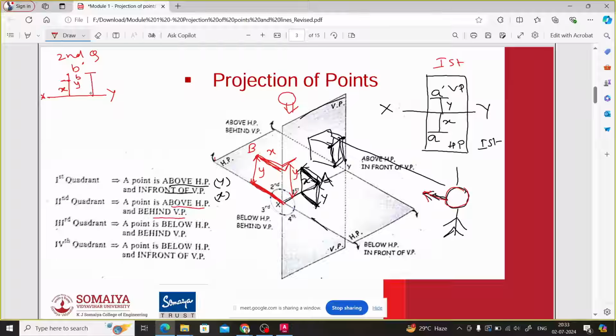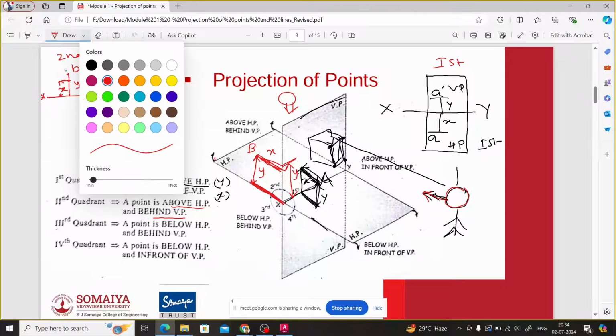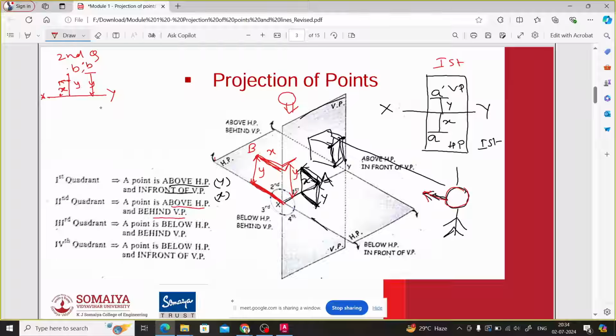So this distance I am assuming as y, and this distance I am assuming as x. So b dash and b will be on the same side, that is above. So this point is b and this point is b dash.